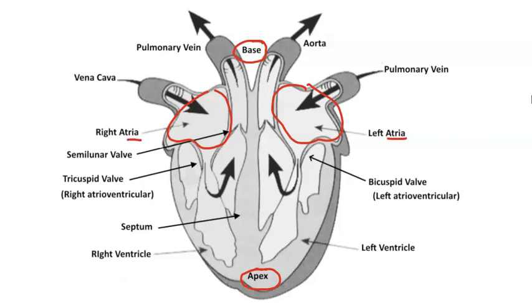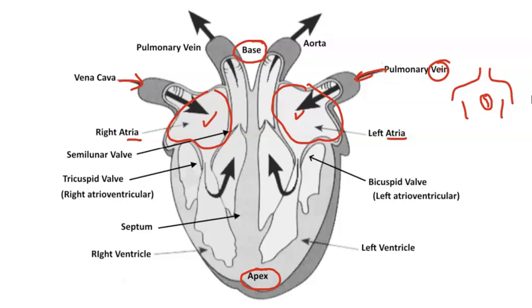The diagram is presented as if a person is referring to their own heart. So this would be the left side of a person's heart, not our heart, but their heart. So this is the left atrium and the right atrium. These are the receiving chambers for blood returning to the heart in veins. That would be from the pulmonary vein on this side and from the vena cava on that side.